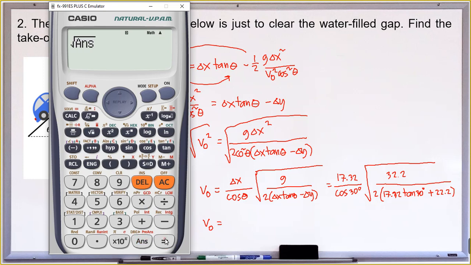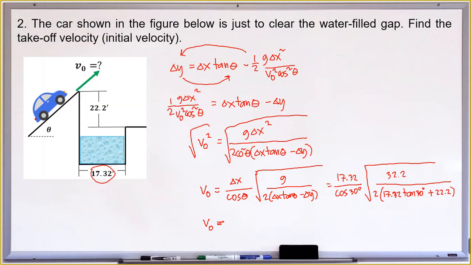Then answer times 17.32 divided by cosine of 30. The answer is approximately 14.142 feet per second. This is the takeoff velocity of our car.